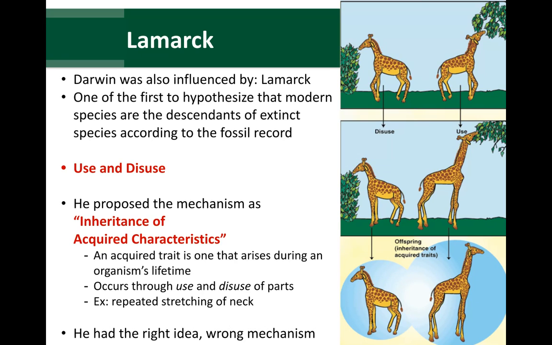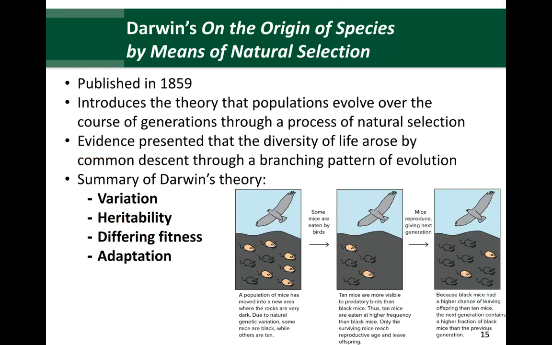It would almost be analogous to our saying, just because you acquire larger than average muscles over the course of your lifetime, it doesn't necessarily mean that you'll pass on those larger than average muscles to your children. Or just because you acquire a tan over the course of your lifetime, that you will definitely pass that tan, the darker skin, onto your offspring. It has to start as a genetic trait.